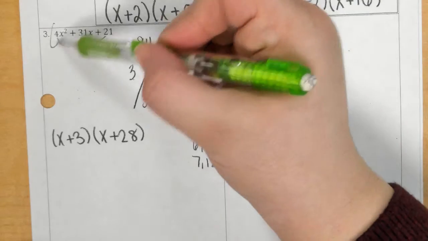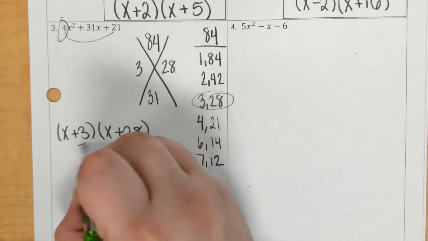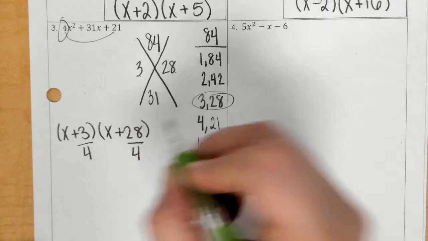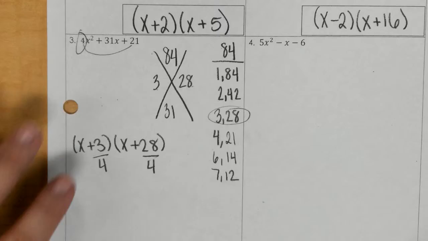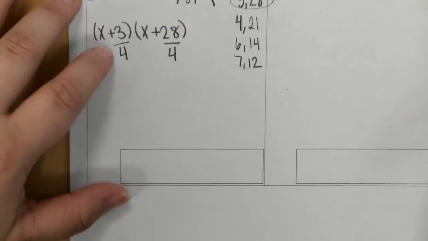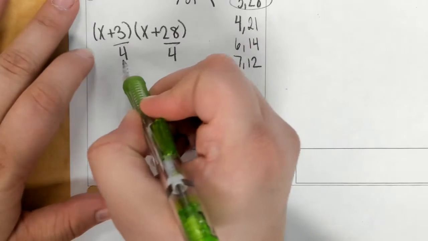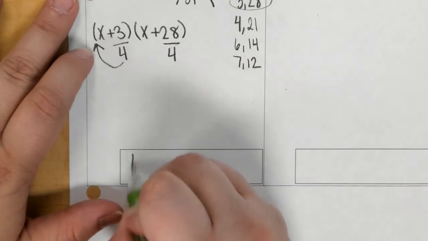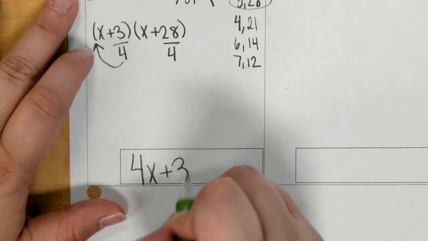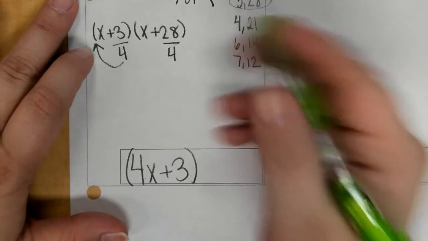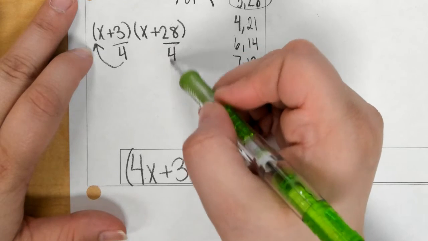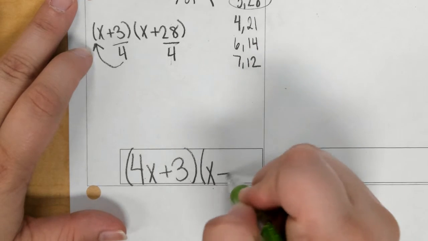Now, I need to divide by that first number 4. And I need to know, can 3/4 divide evenly? No, it cannot. So I bring the bottom up. So 4x plus 3. And then here, can you divide? Yes, this becomes 7. So x plus 7.